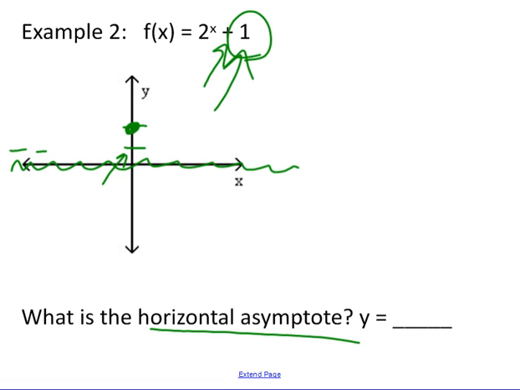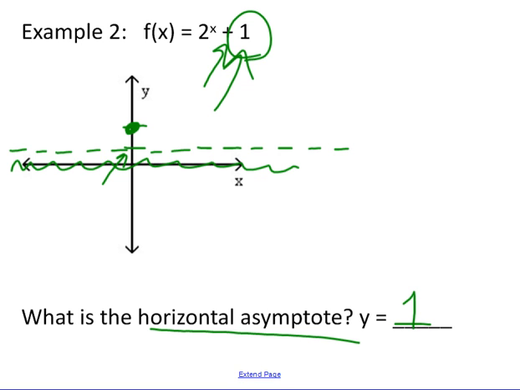So what I'm going to do, I'm going to draw in a dotted line because it's not an actual part of the graph. It's kind of an imaginary line, but it does help us graph. So our horizontal asymptote is 1 above what it used to be, or in this case, y equals 1.